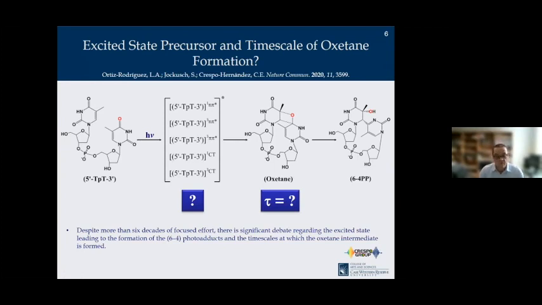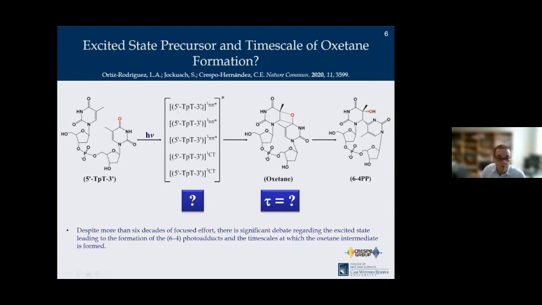Okay, so again, the final product is well known, but what happened in between is not known, and we have a lot of information in the literature from theoretical chemists proposing different models to explain that reaction. And so I'm showing here some of them.